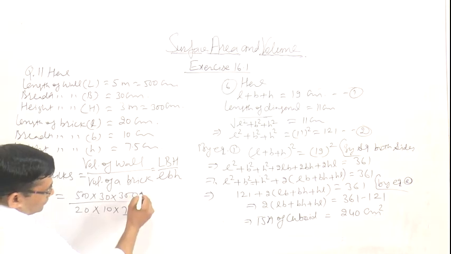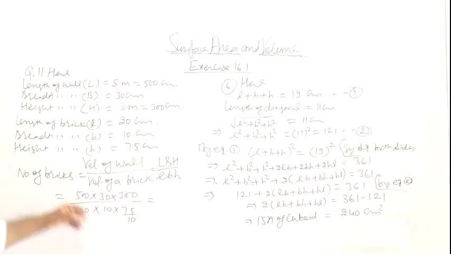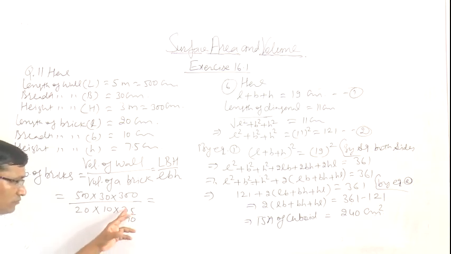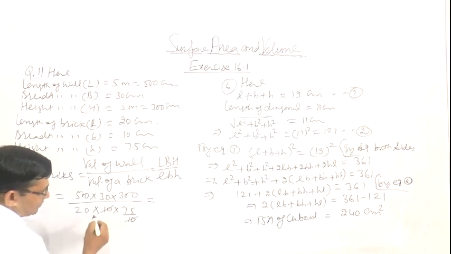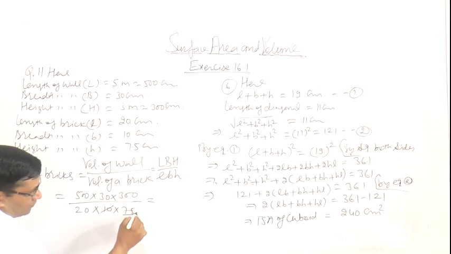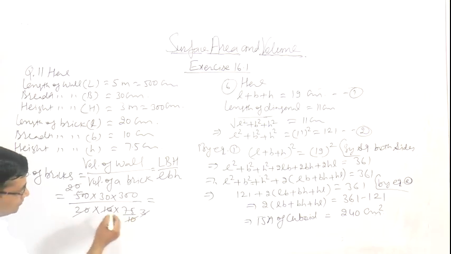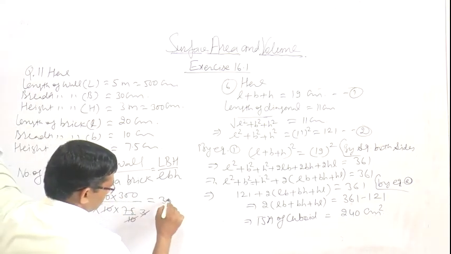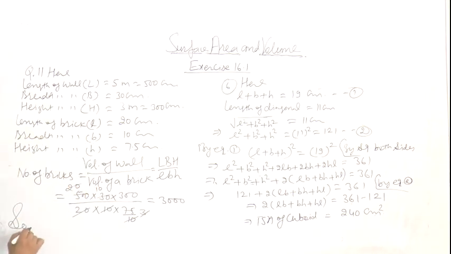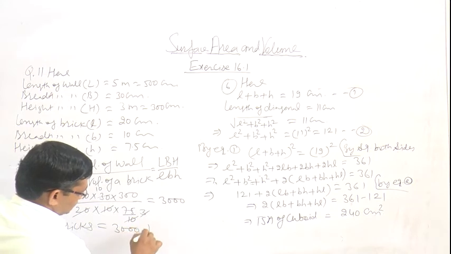After changing the decimal value into a whole number, 7.5 becomes 75 upon 10. 10 cancelled by 10, then 25, 3 times 25 is 75, 25 times 2 is 50, and 1 0, then 20 cancelled by 20, and 3 times 10 is 30, that is 10 multiply 300, that is 3000. So number of bricks is equal to 3000.